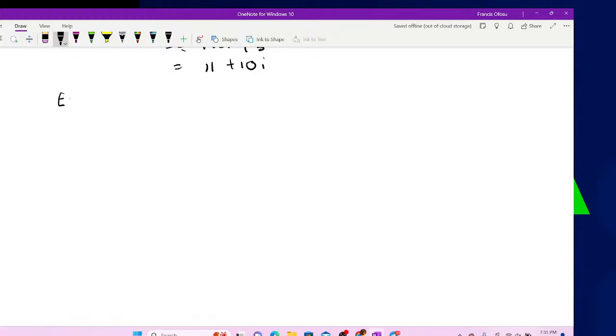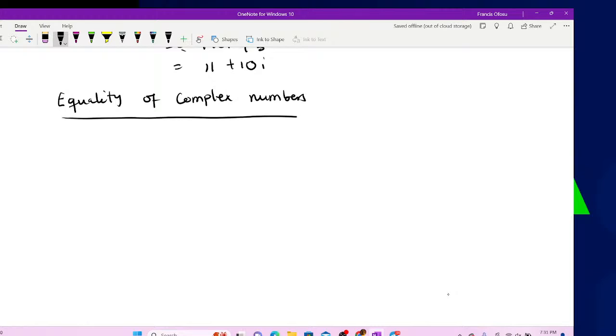But before we do the equality, okay, let's do the equality. So, equality of complex numbers. When we are talking about equality of complex numbers, I may have a complex number z1 to be equal to z2, provided their real parts are equal.